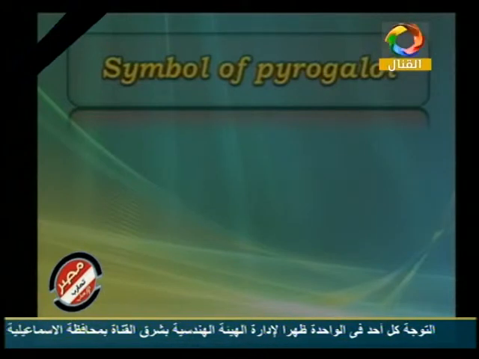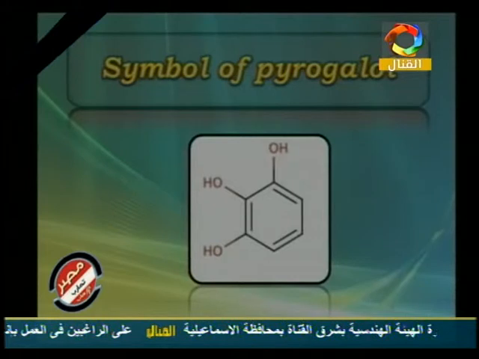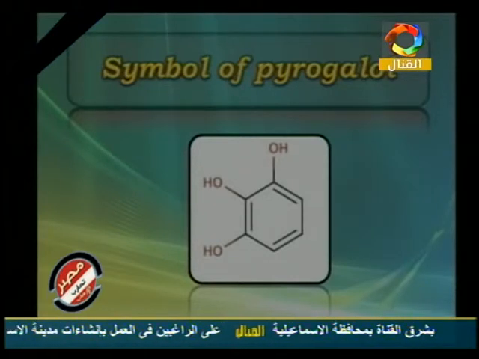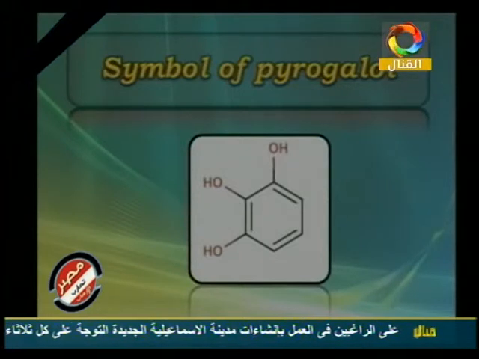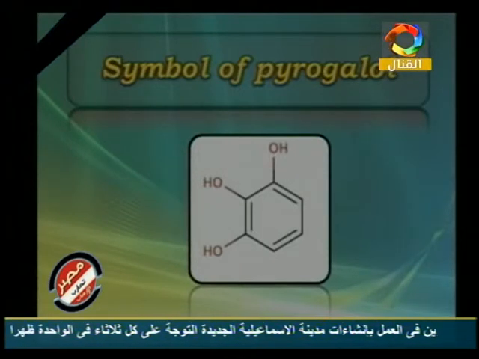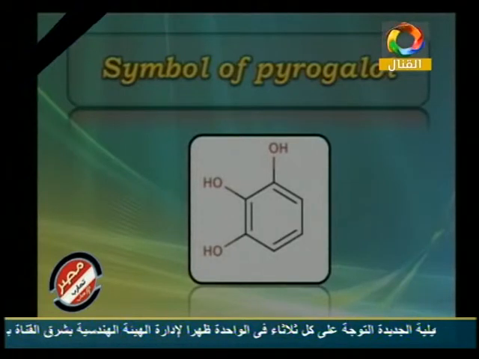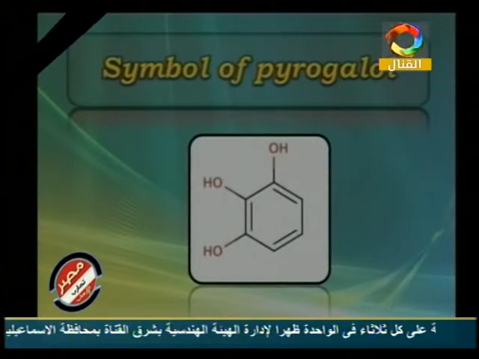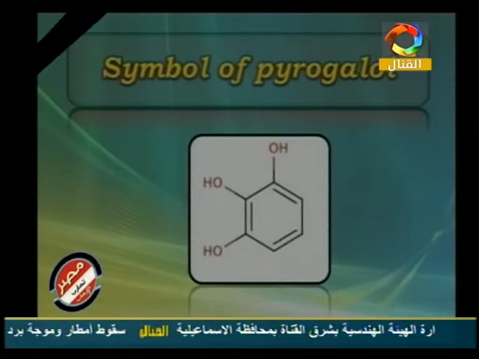After that we have another type of compound, the symbol of pyrogallol. Pyrogallol has three OH groups. This OH group means hydroxyl group. Here we have three hydroxyl groups directly attached to the benzene ring, forming another type of phenol called pyrogallol.